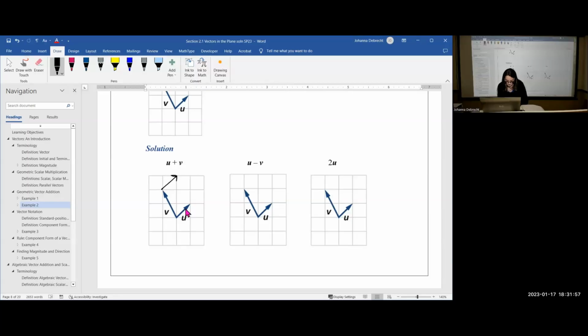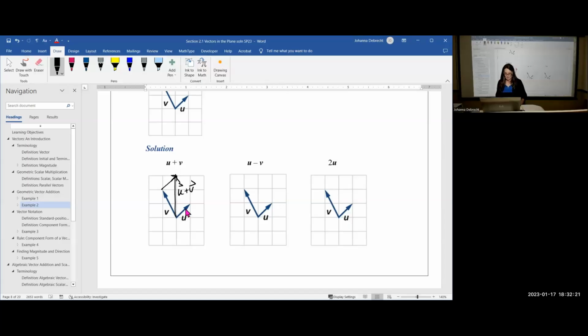So there's u, and I've got nose to tail. I've got the initial point of u at the terminal end of v. And then I'm going to connect from the initial point of v to the terminal end of u. And that will give me u plus v, which goes pretty much straight up just like that, u plus v.